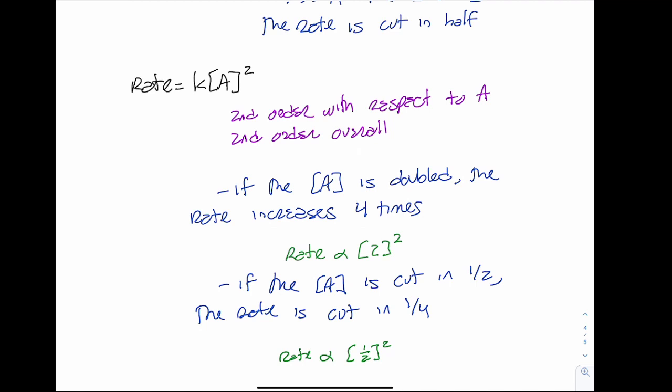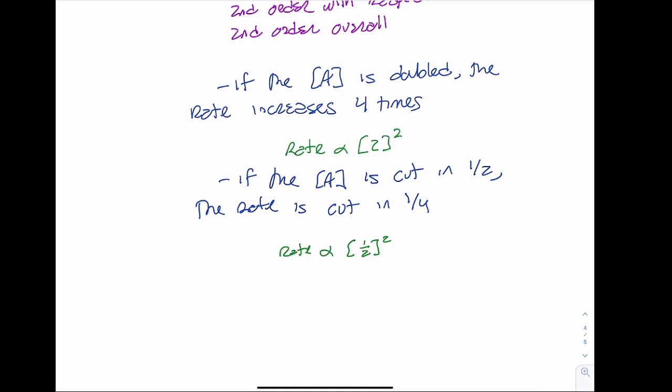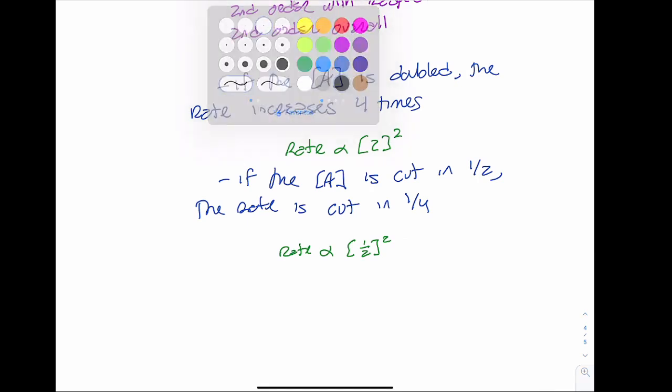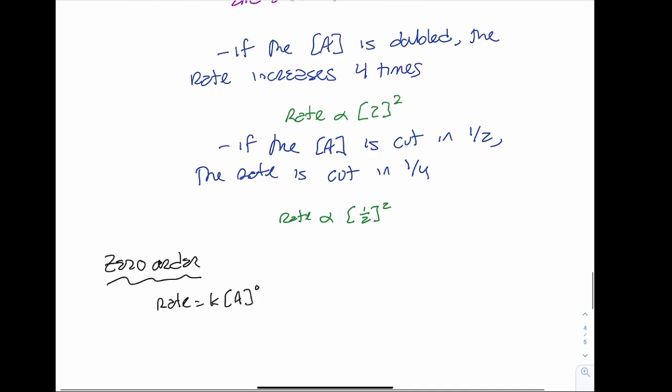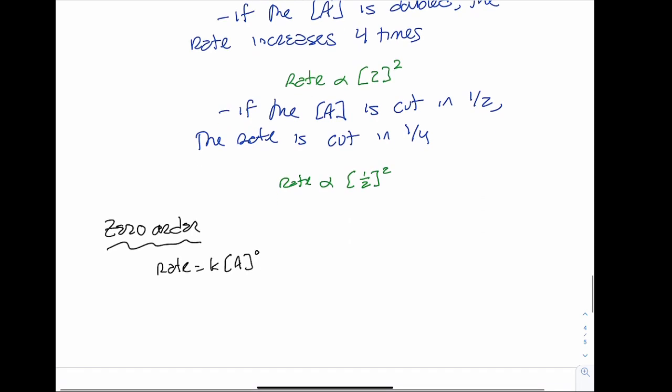Zero order, I didn't do an example of that, but if you're zero order, you can change the concentration all you want, and it's not going to affect the rate. Let's actually write that down. If I have zero order, we would say the rate is equal to K. You could put a 0 there. Sometimes you just don't even have to put it there. I'll do another example here in a little bit where something's zero order.